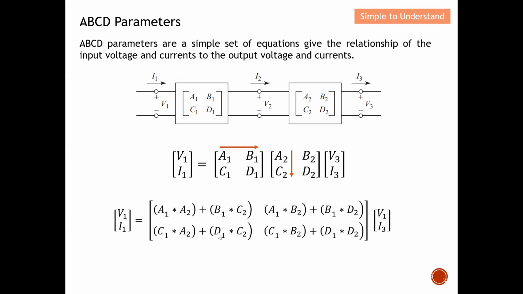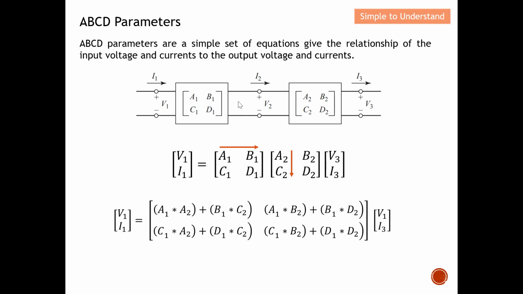As for the third component of the 2 by 2 matrix, it will be A1 multiplied by B2, plus B1 multiplied by D2. And last but not least, it will be C1 multiplied by B2, plus D1 multiplied by D2. So basically, this gives me the overall ABCD parameters of these two items, which can be completely different, cascaded together.